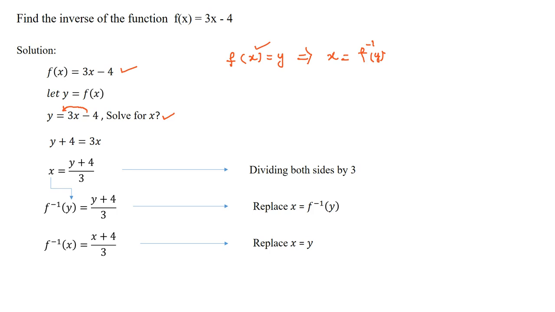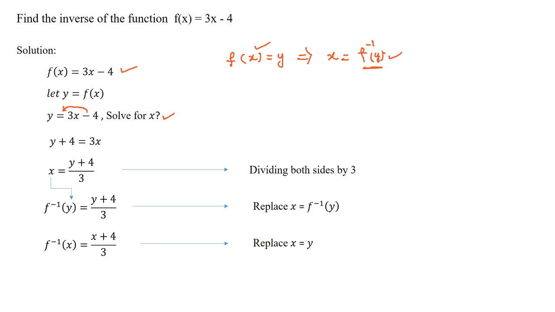Now see this equation. What is x? x is equal to f inverse of y. So in place of x, use f inverse of y. f inverse of y is equal to (y plus 4) by 3.